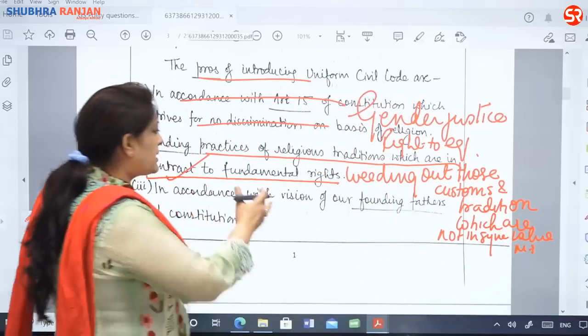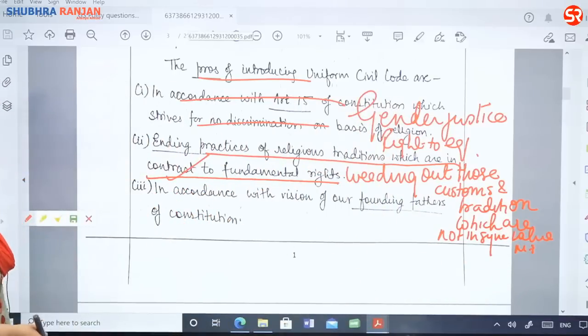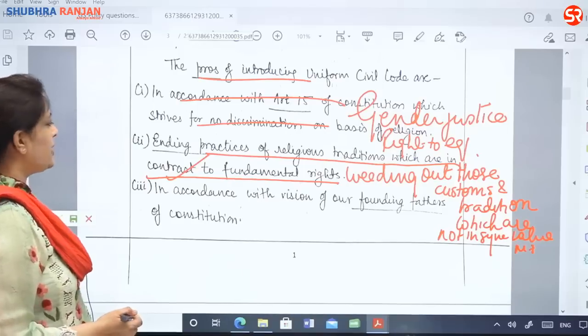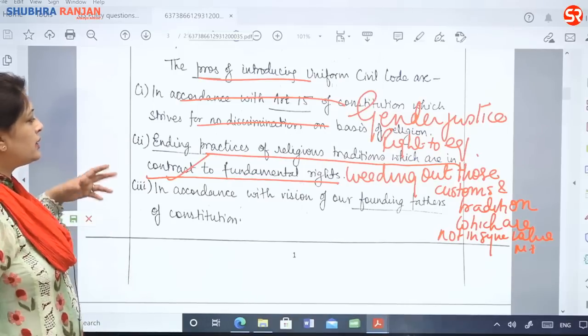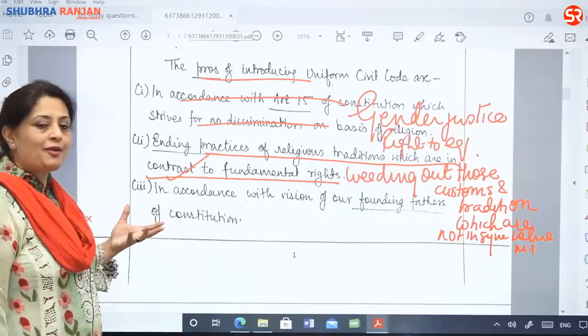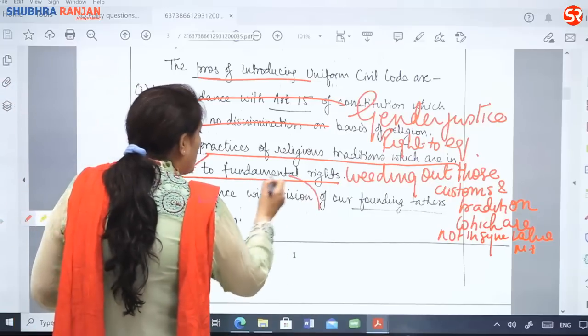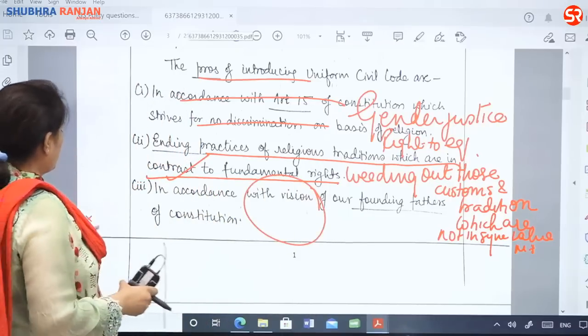Something like this. It's a good point. In accordance with the vision of our founding fathers. So vision of the founding fathers. This is not a very strong ground which you have mentioned.